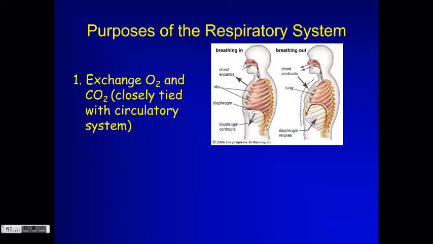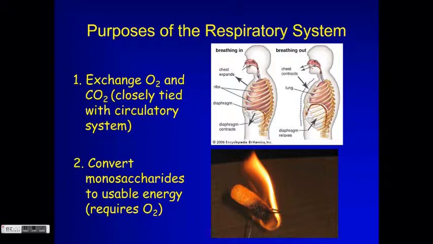Another purpose of the respiratory system is to convert monosaccharides, or at least get the energy out of monosaccharides, and convert it to an energy form that we can use. This is going to be in the second part of the respiratory system. We'll cover this at some point next week. It does require oxygen.